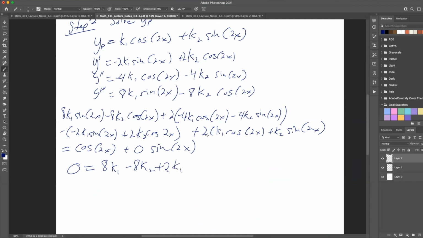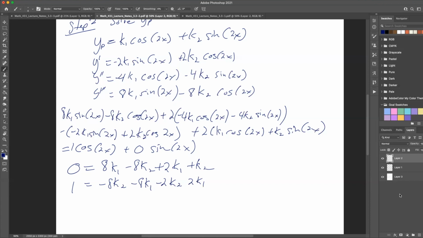And then here I'll have 2k2. So here I collected all my sines. And here for my cosine, there's technically a 1 there. That's minus 8k2 minus 8k1 minus, so it'll be minus 2k2 plus 2k1.